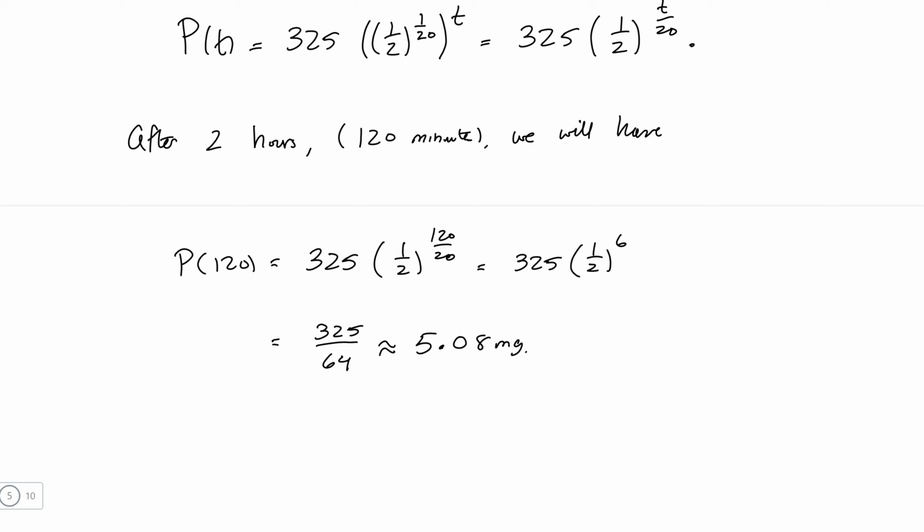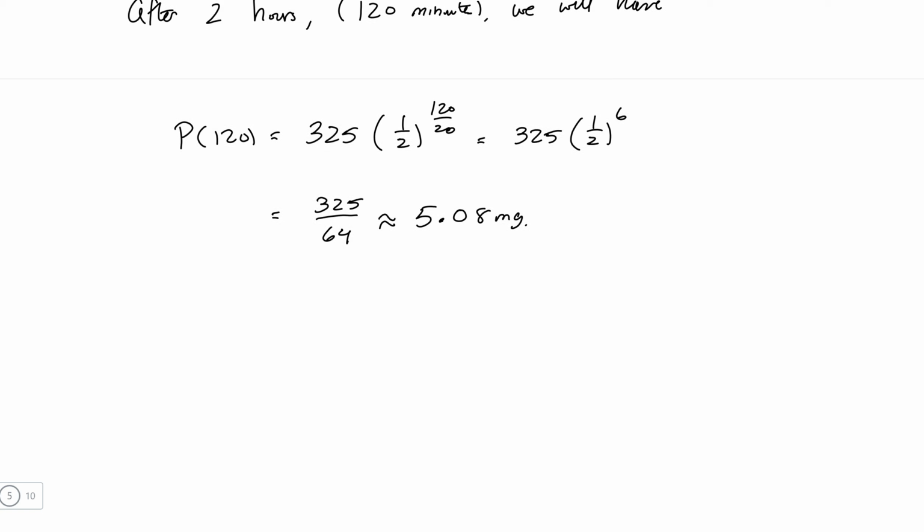So we'll still have about 5.08 milligrams in the body after 2 hours. So maybe just write this as a sentence. After 2 hours, it's not a bad idea to get used to writing complete sentences so you actually get used to interpreting what the equations are telling you.